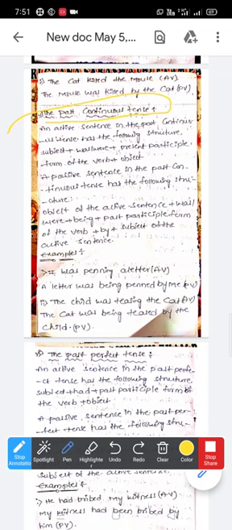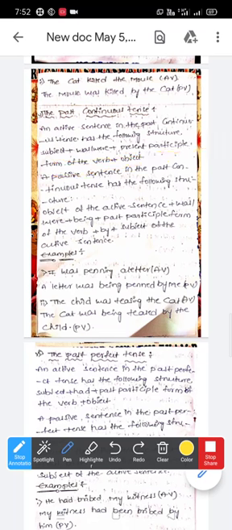Seeing the structures, active and passive: an active sentence in the past continuous tense has the following structure: subject plus was/were plus present participle form of the verb plus object.